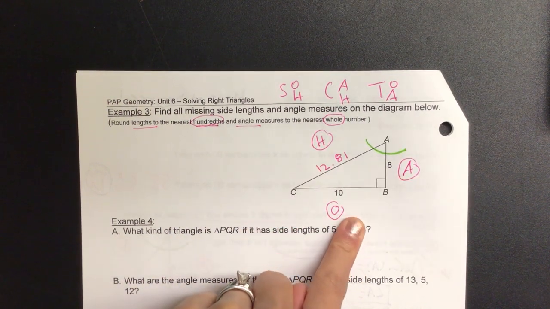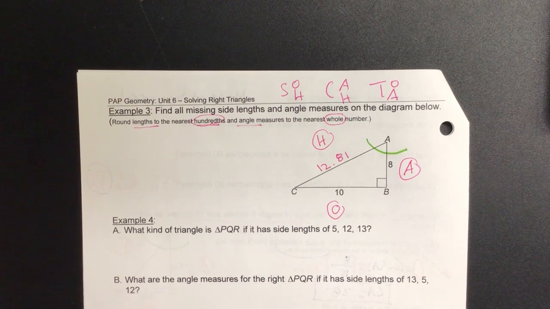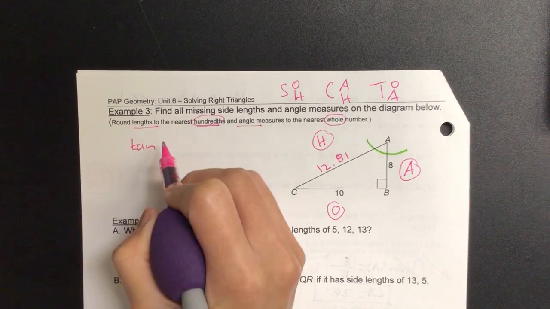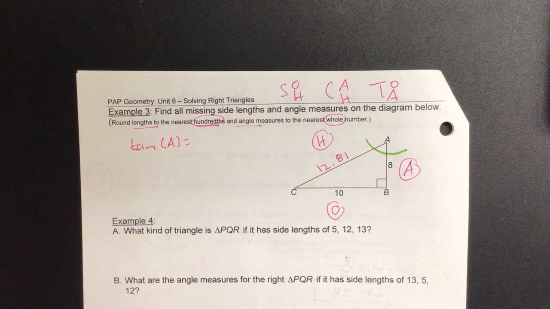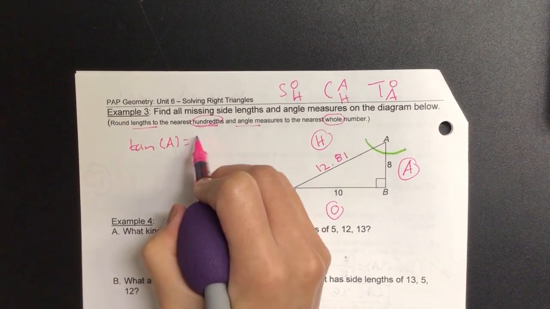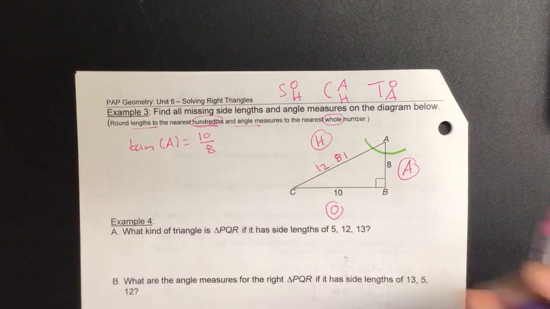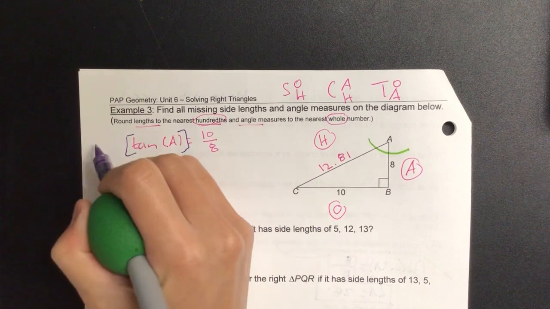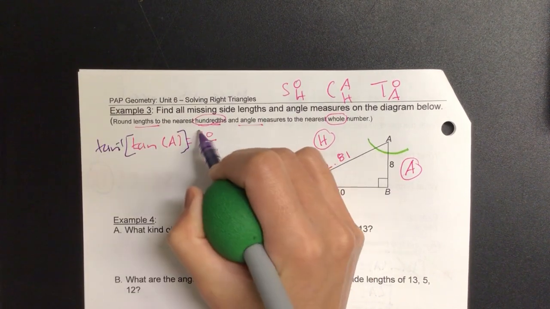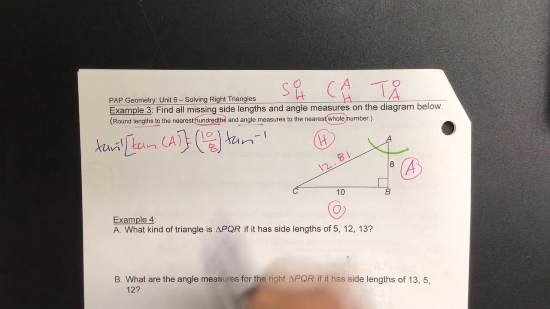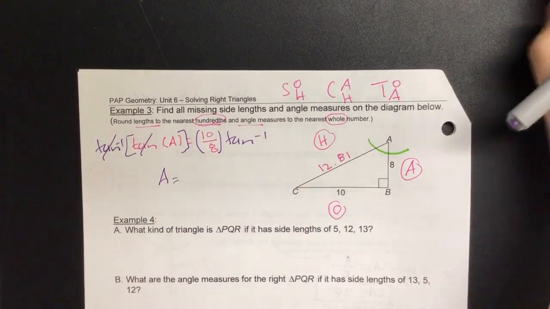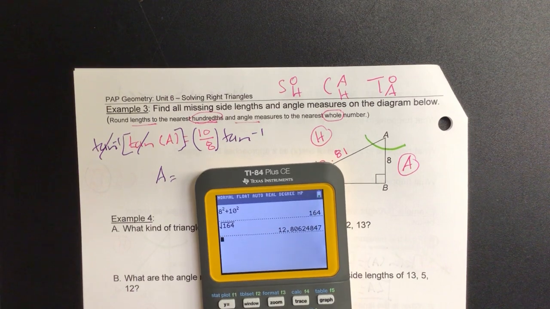So are we using sine, cosine, or tangent? Tangent again. So we have tangent of the angle A is equal to what over what? 10 over 8. How do I get rid of our tangent? Inverse. And the inverse and the tangent goes away. And again, we're looking for an angle, so we have to use the inverse.